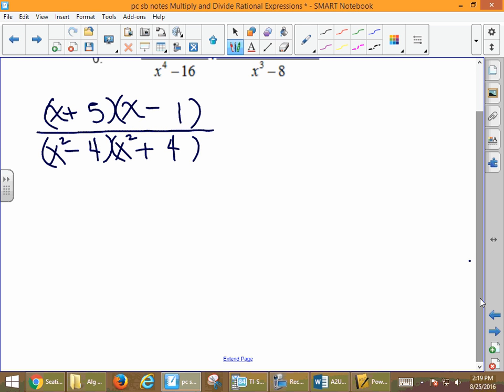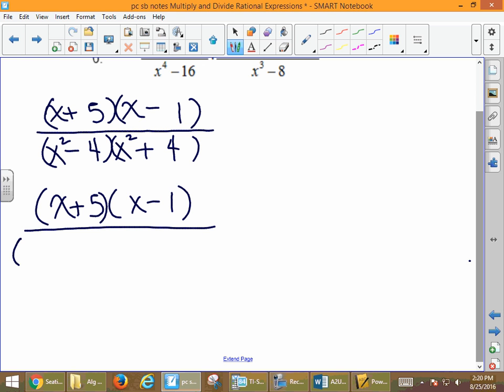So we still have our x plus 5 and our x minus 1. But we can factor. x squared is x times x. 4 is 2 and 2. Difference between two squares, different signs. Don't forget that we still have the x squared plus 4.